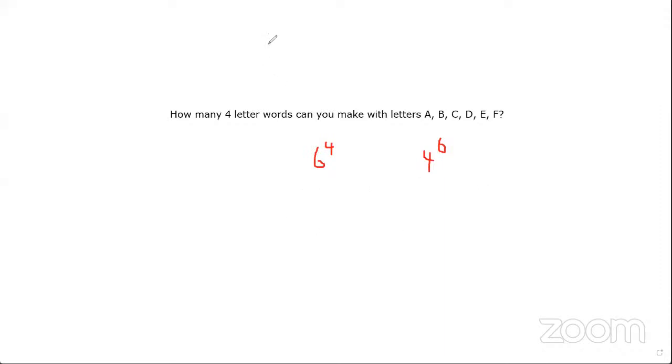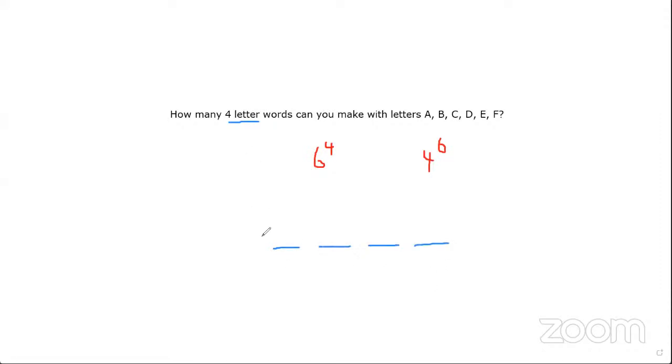Okay, let's take a look at this. This is how you make sure which one is correct. So 4 letters, so that is 1, 2, 3, 4.